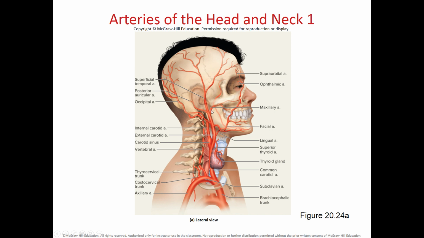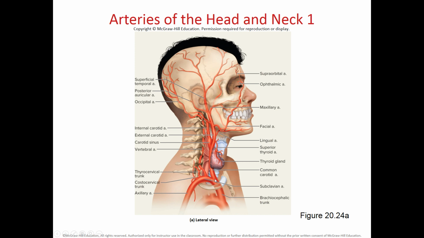The external carotid is going to provide blood supply into the face and the scalp, giving all these branches like the maxillary artery, superficial temporal, which is the terminal branch of the external carotid. It's going to give the supraorbital, ophthalmic, the posterior auricular, occipital. So all of these are branches of the external carotid.